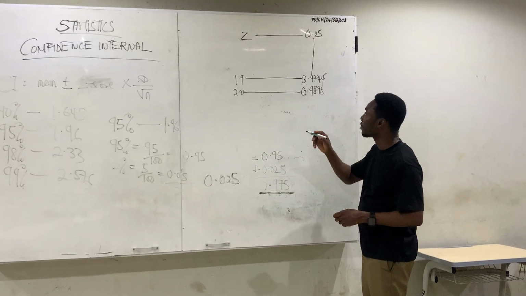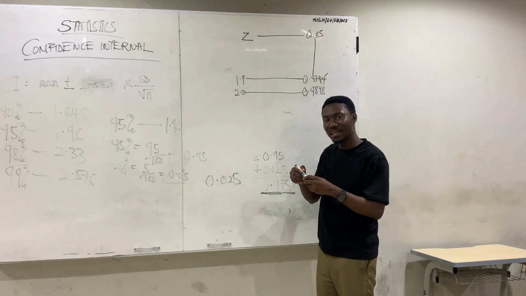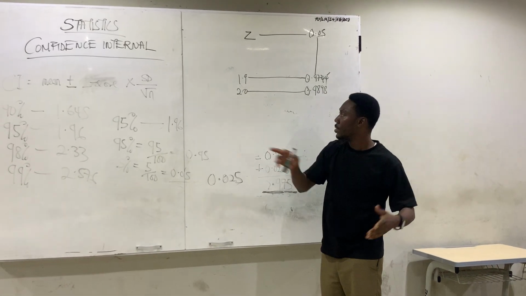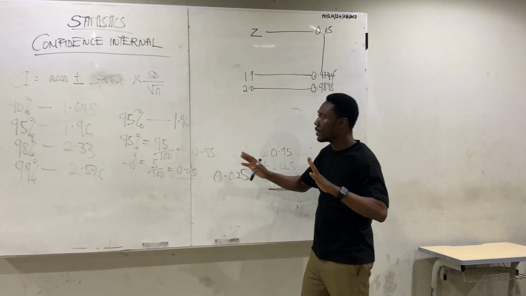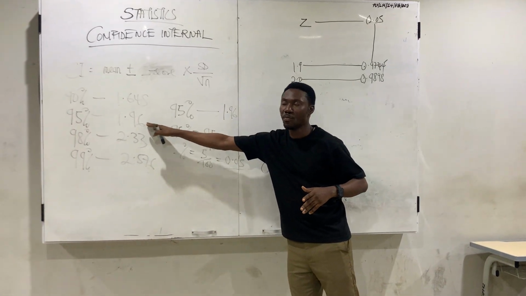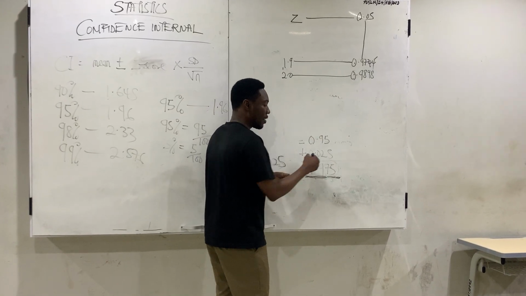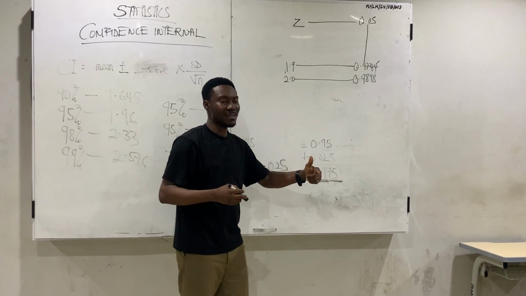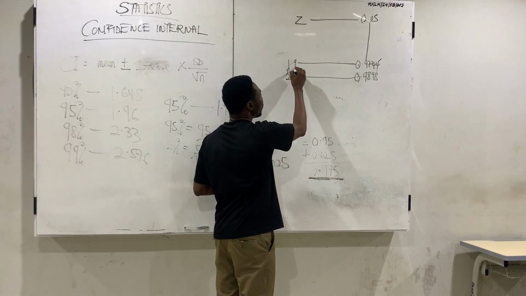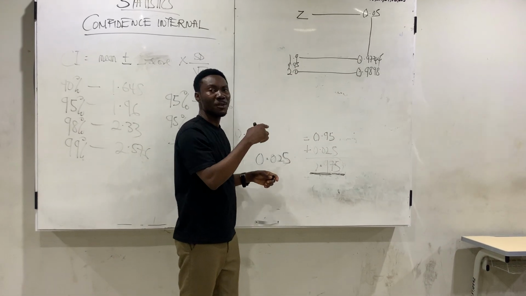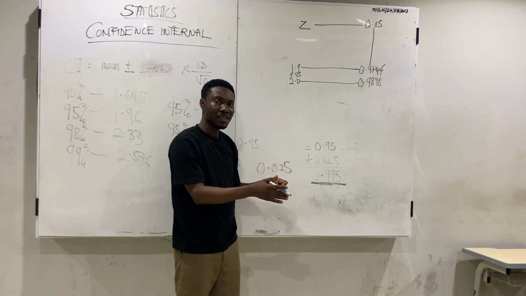What that means is that in between 1.9 and 2.0, the probability is closer to 2.0. So you can't assume it to be exactly the middle, which would be 1.95.